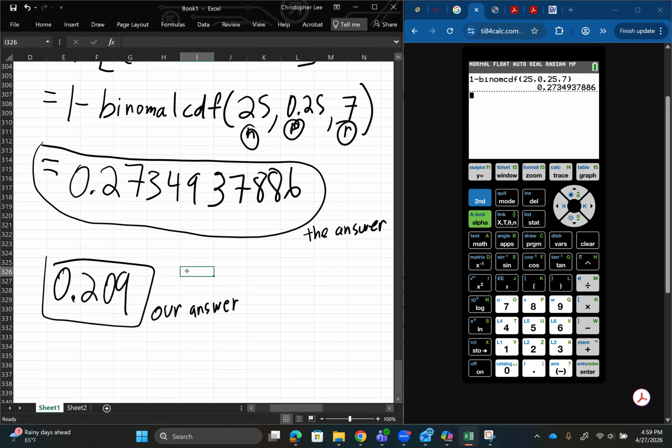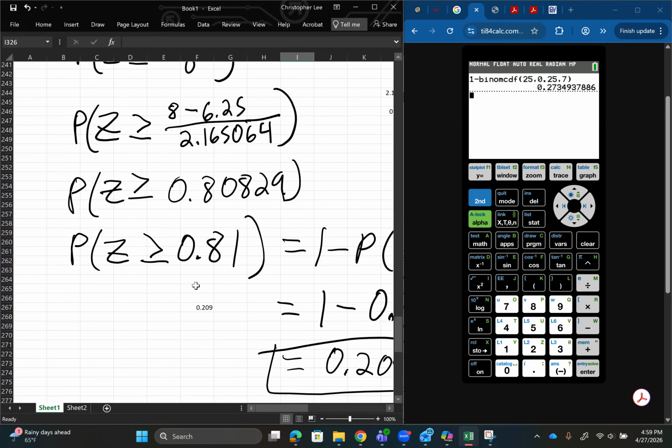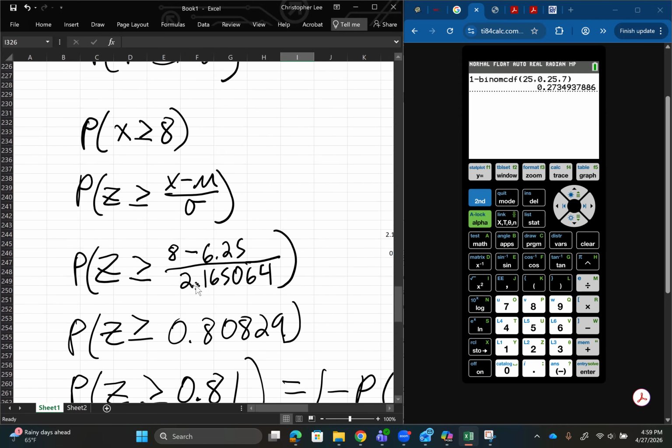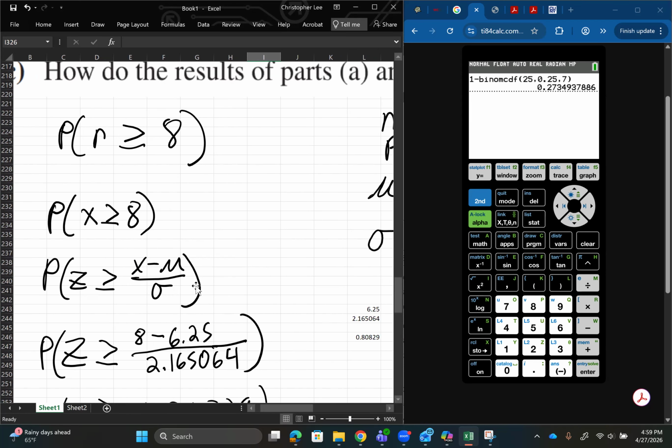We have to correct, going back to our approximation over here, we have to kind of correct our assumption a little bit, right? So we're looking for the probability of the X greater than or equal to the 8, right?